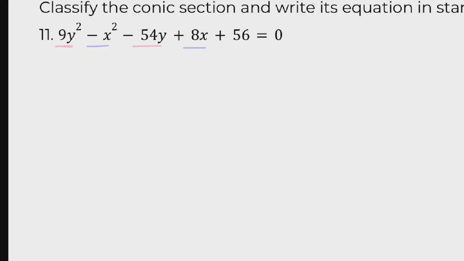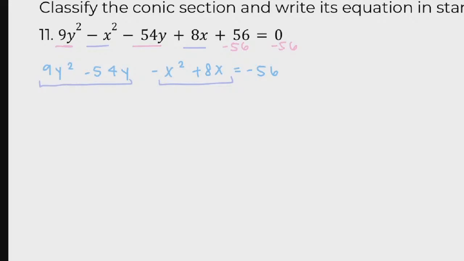So I'm just going to rewrite this as 9y squared minus 54y minus x squared plus 8x. And I'm just going to move the 56 over to the other side, equals negative 56. So for each of these, we want to complete the square.